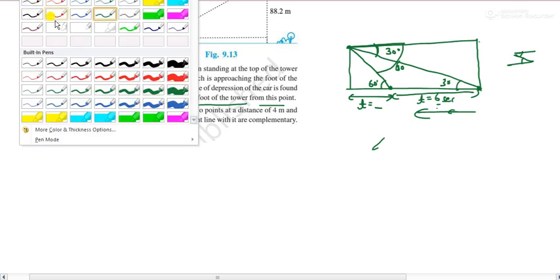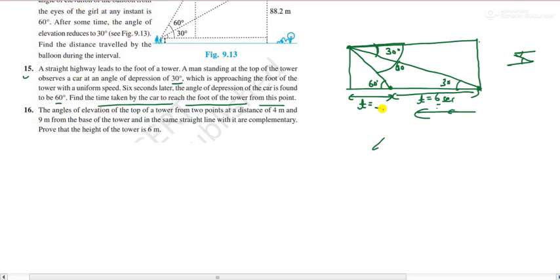So using this condition we can solve. I will name this as A, B, C, D, E. So in triangle ABC it is like this. This is 60.